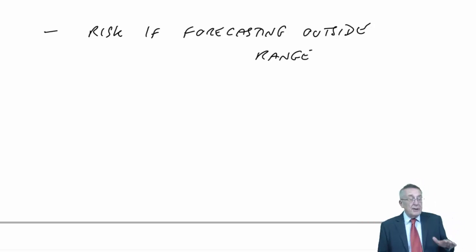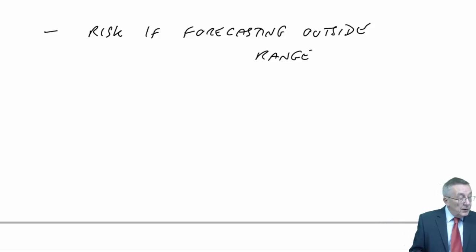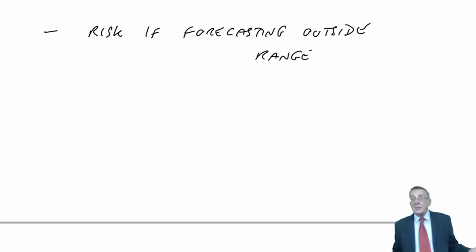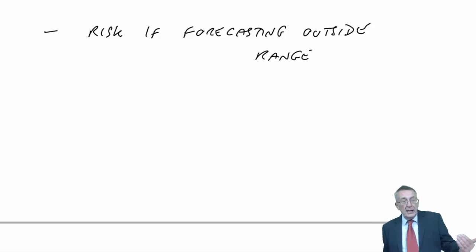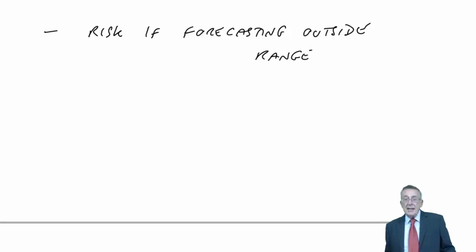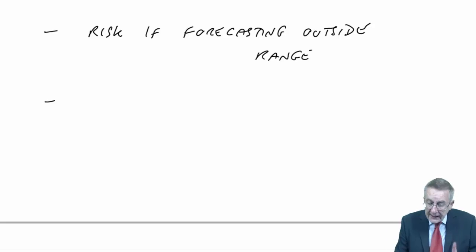You see, even if they're very linear over the range we've looked at, if you started forecasting for, the highest here was 700 units, if you started forecasting for 1,500 units, well, just because it's linear for our observations doesn't mean it would carry on being linear outside the range. So there's a danger.